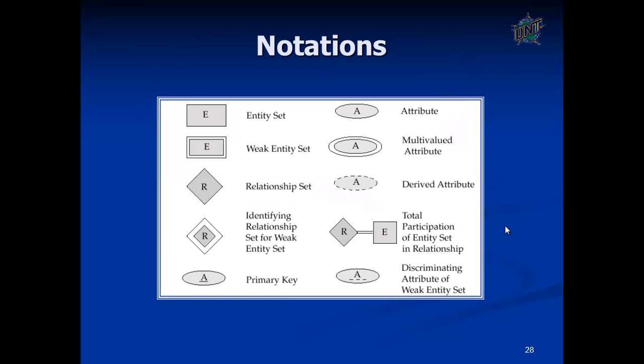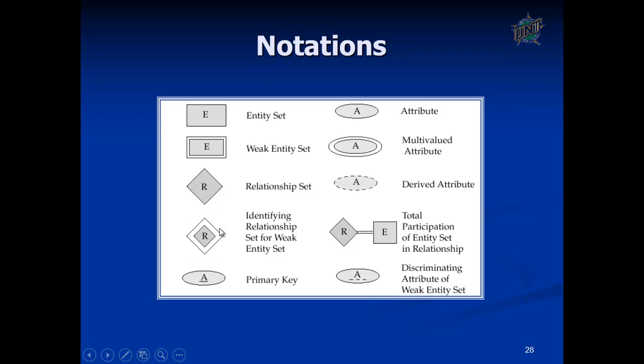Next, some of the notations that are used in entity sets are: first is a rectangle to represent an entity set, and a circle is used to represent the attribute. Then a double rectangle is used to represent the weak entity set, and a double circle is used to represent the multi-valued attribute. Similarly, if we want to show the relationship set, then a diamond box is used.